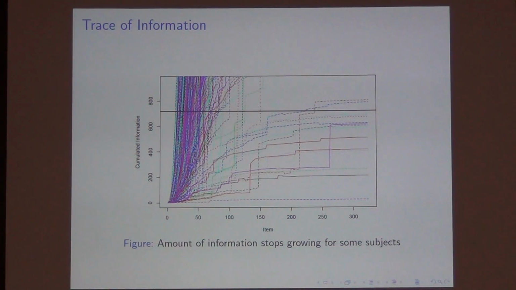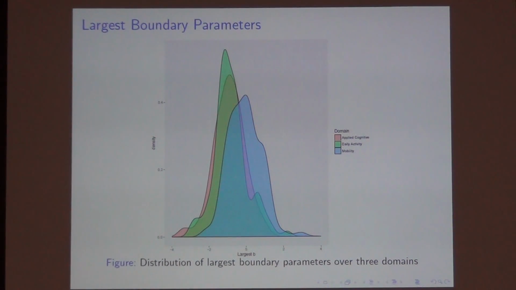If we look at the largest boundary parameters of the items, if the response is actually the largest grade, then we have evidence to believe that theta is greater than this boundary. But how large? We don't know.